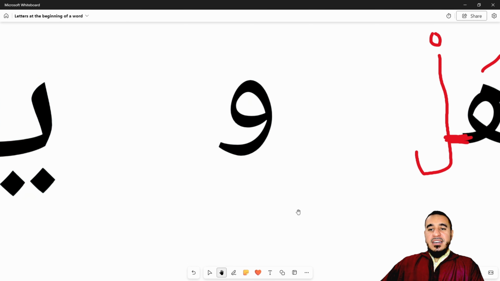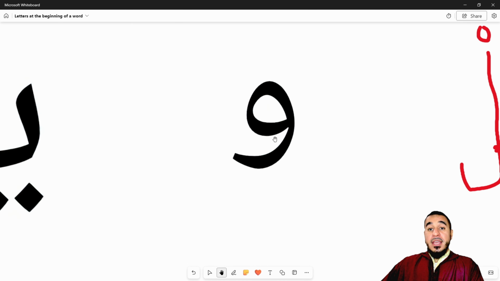And then we have the letter waw. So the letter waw, it looks exactly the same as when it is what? By itself. So you tell me, the answer is it does not physically attach to the next letter in the word.